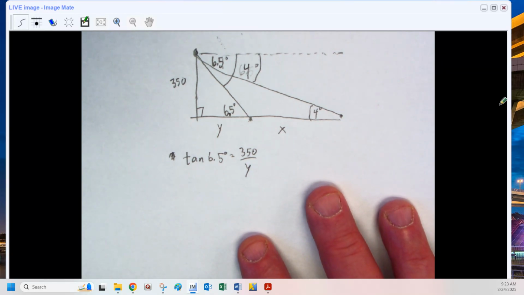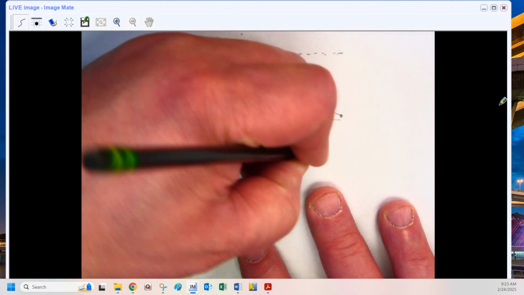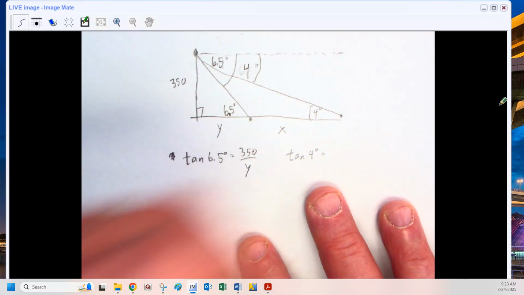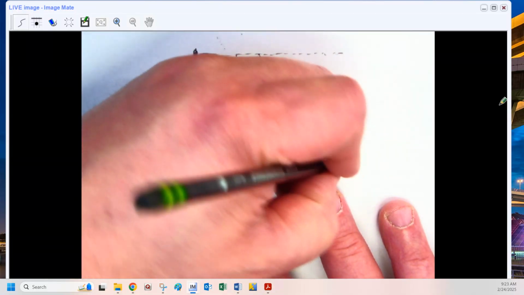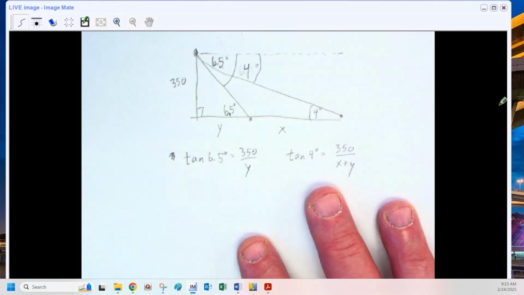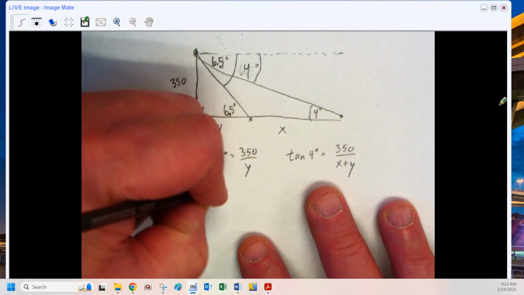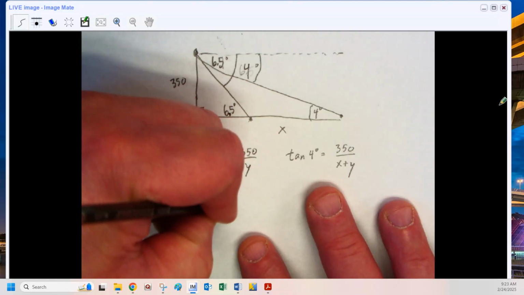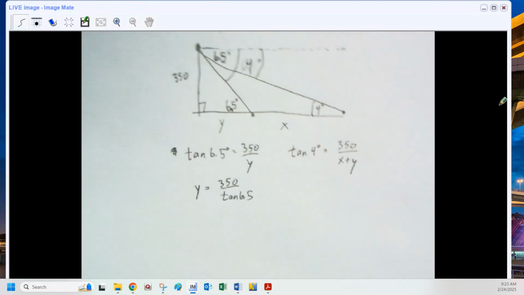And we could say that the tangent of 4 degrees is 350 over x plus y. Okay. Now, it follows that we can find y relatively easily here. We can take 350 divided by the tangent of 6.5. That'll be y.